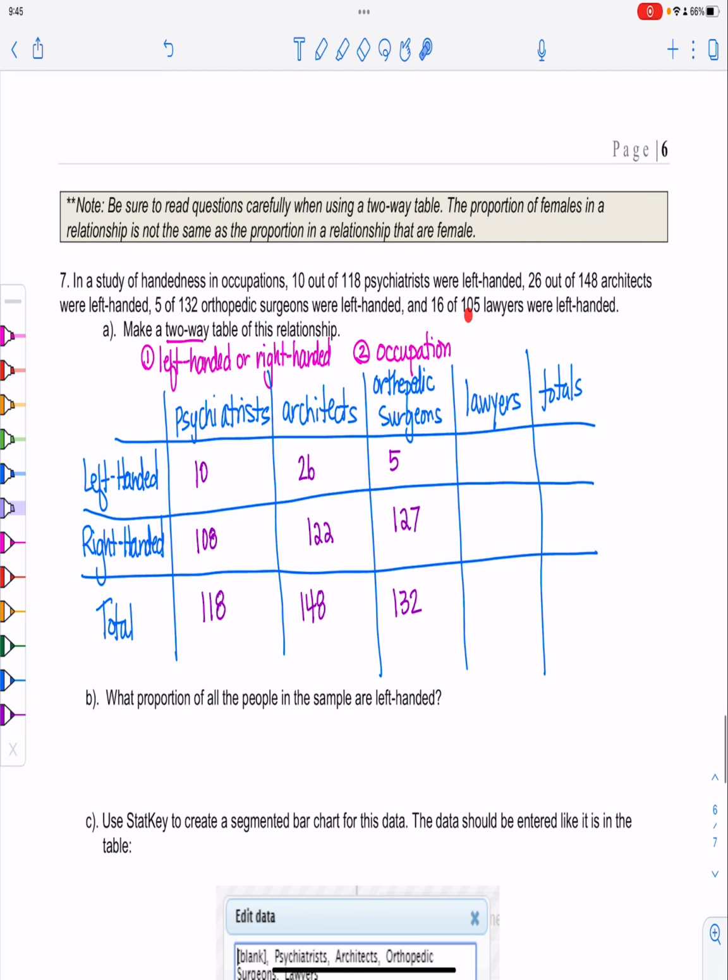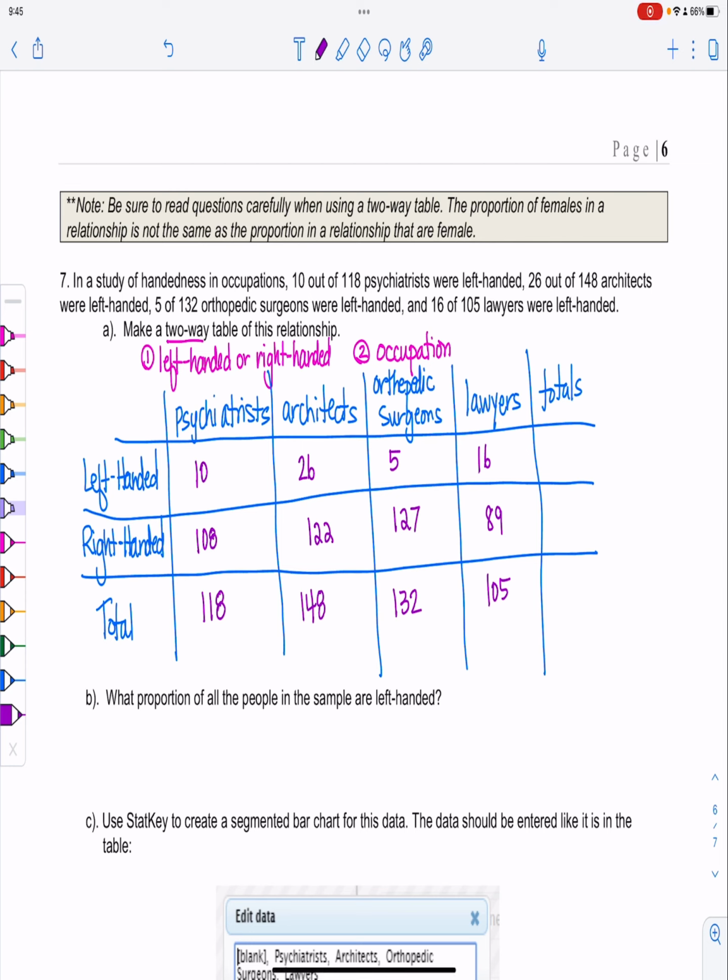And then we've got 105 total lawyers, and 16 of them are left-handed. So 105 minus 16 is going to be 89.